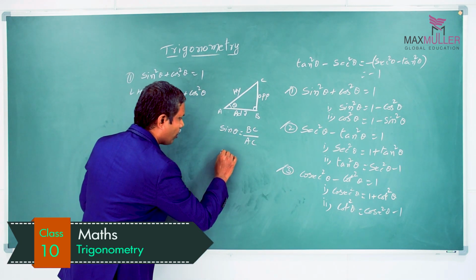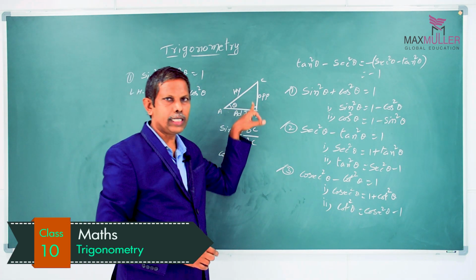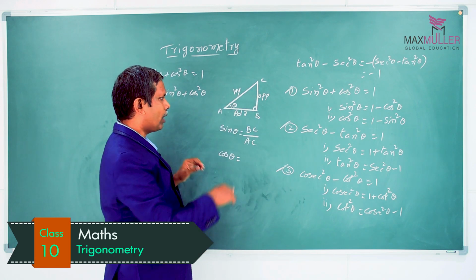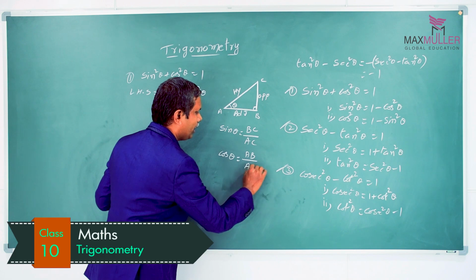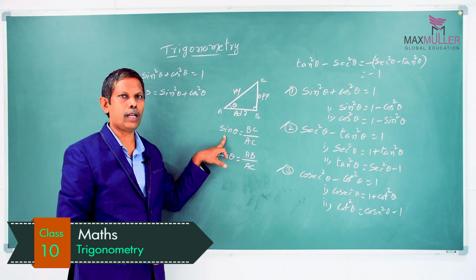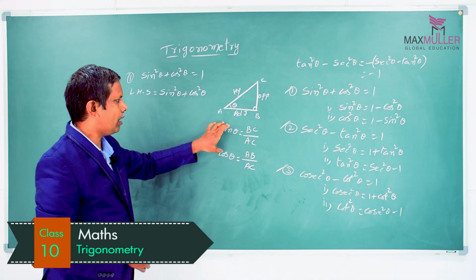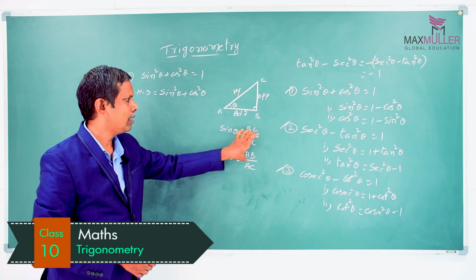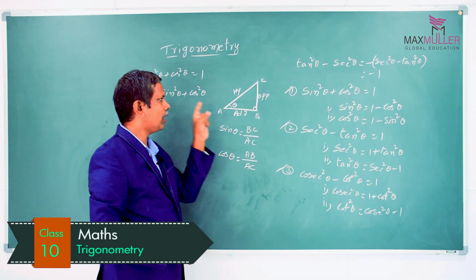And cos theta is nothing but adjacent by hypotenuse, and the adjacent side is AB, so AB by AC. BC by AC is known as sin theta, and AB by AC is known as cos theta.